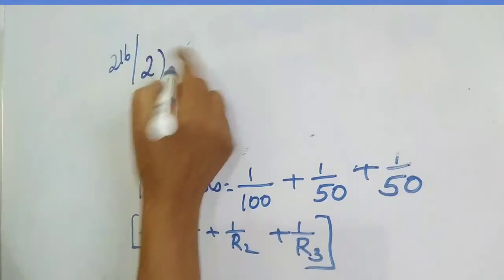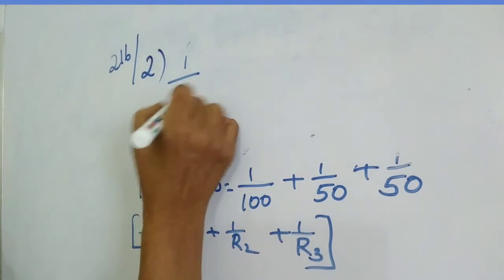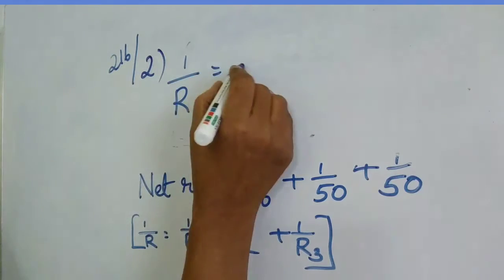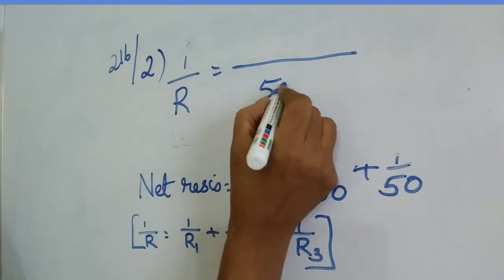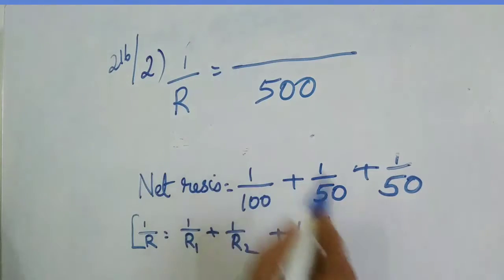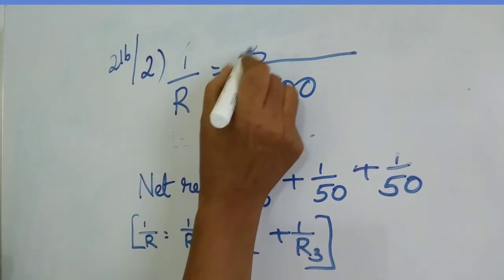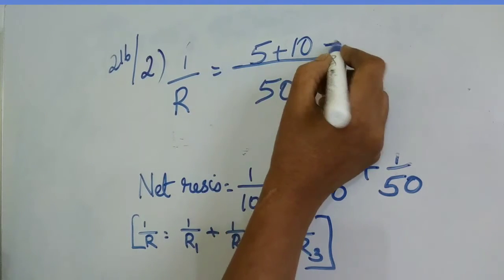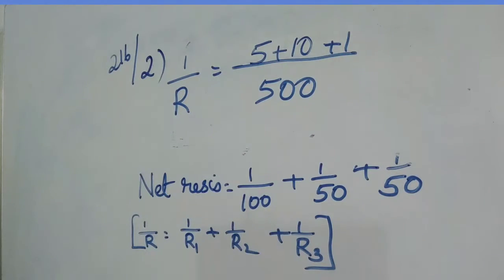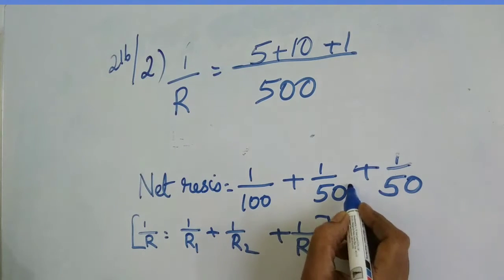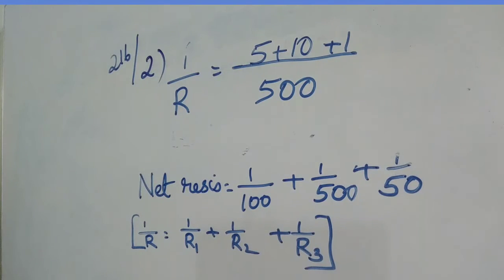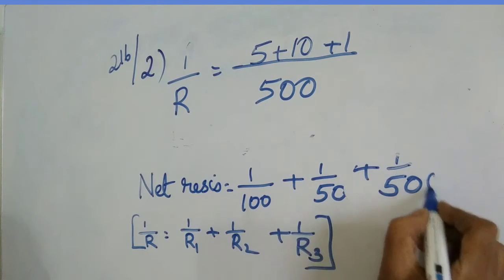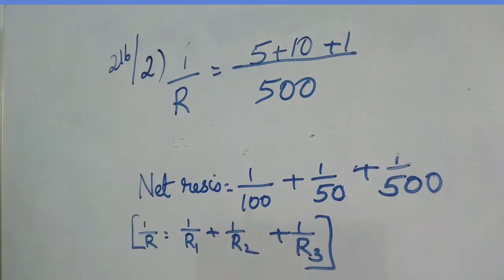Here 1 by R is equal to, 500 is the LCM, then 5 plus 10 plus 1.